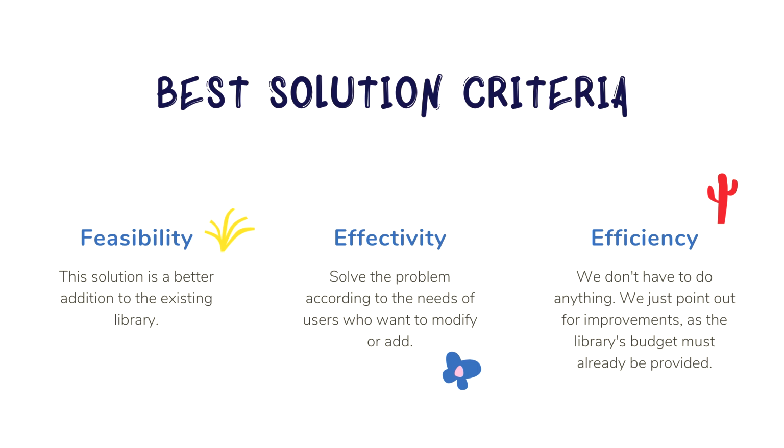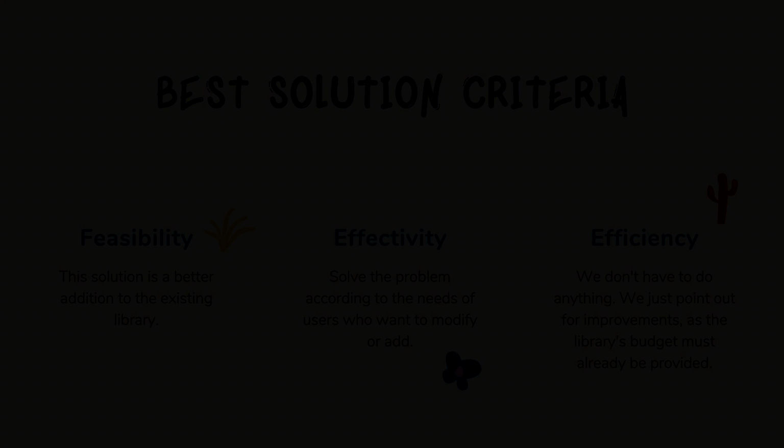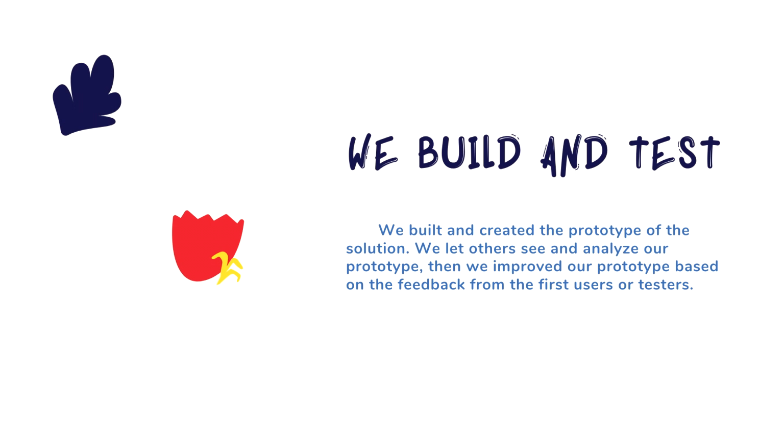It is about how we can meet the needs of the users, solving the problem according to the needs of the user who wants to modify or add it. And third, efficiency. We focus on how to improve what our library already has, as the library's budget can provide.